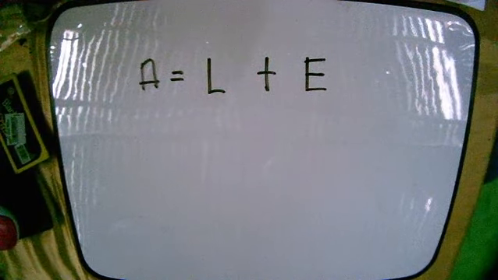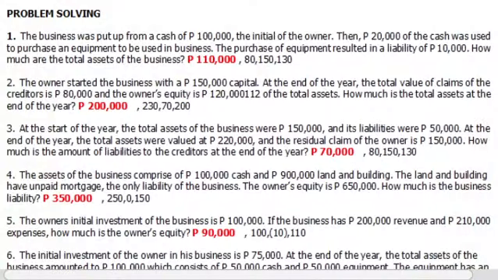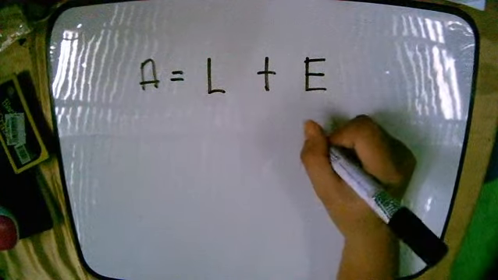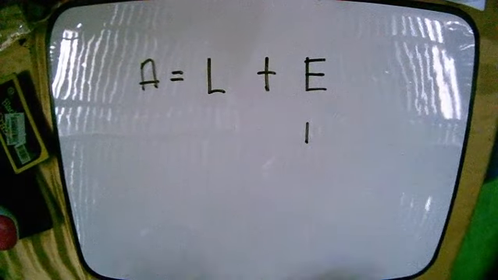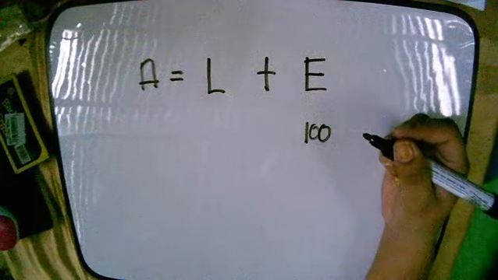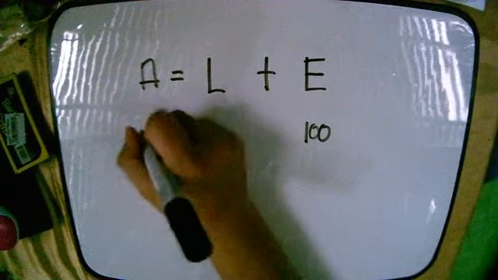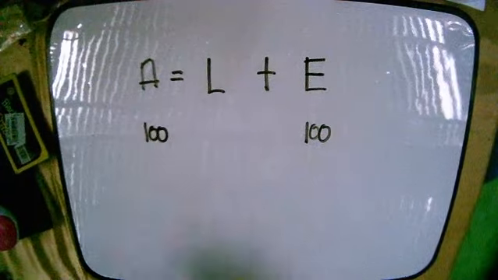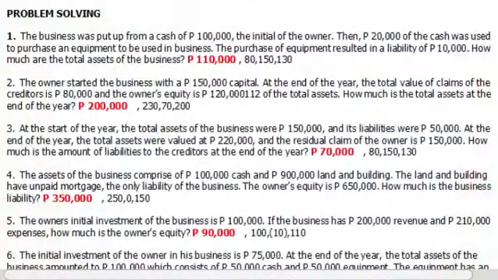So sabi dito sa ating problem na nagkaroon daw si owner ng kanyang initial investment of 100,000. So for equity, we have 100,000. At the same time, nag-invest ng cash of 100,000. Next, sabi din dito, 20,000 daw ng cash ginamit sa pag-purchase ng equipment.